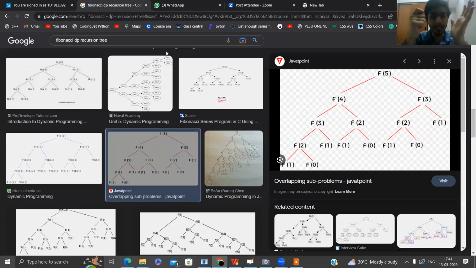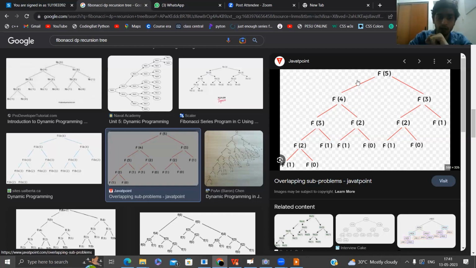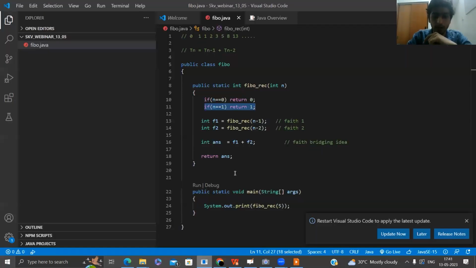It's getting added together, and it's going to return it to its parent, right? Similarly, Fibonacci of 4 is going to return the answer to Fibonacci of 5. Fibonacci of 3 is also going to return the answer to Fibonacci of 5. So if you're Fibonacci of 5, you're getting the value stored in f1, and you're getting the value stored in f2. And Fibonacci of 5 is going to add them up together ultimately, and it's going to return it to the main method, because that is where we were calling this Fibonacci of 5 from, right?